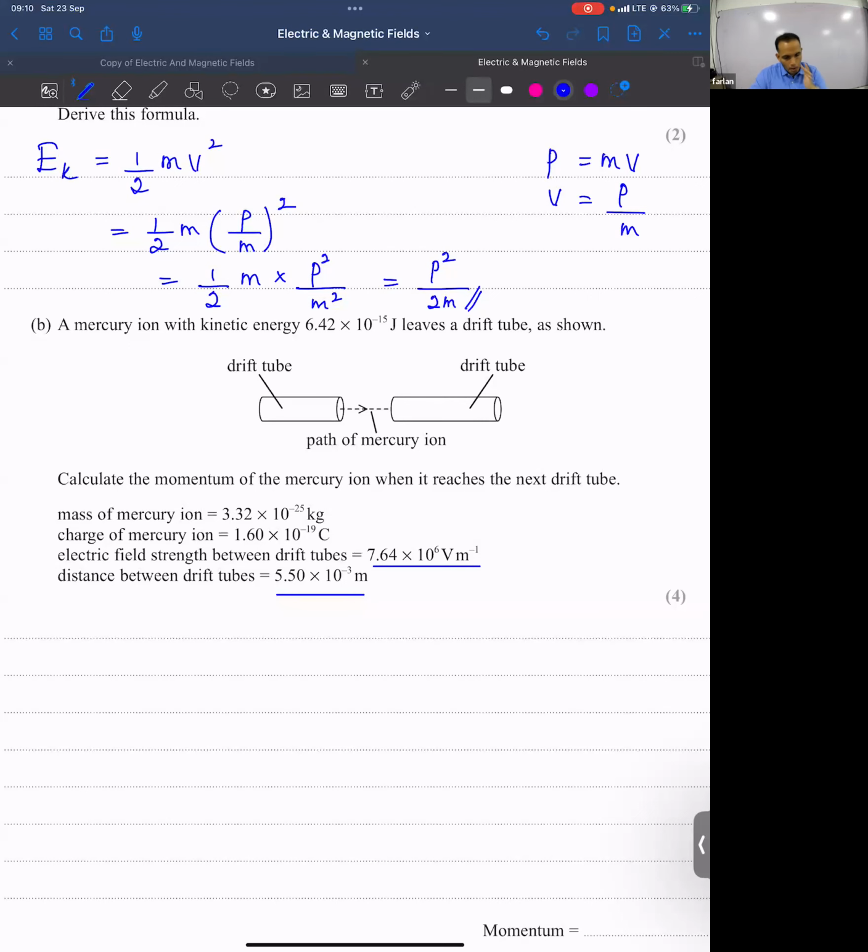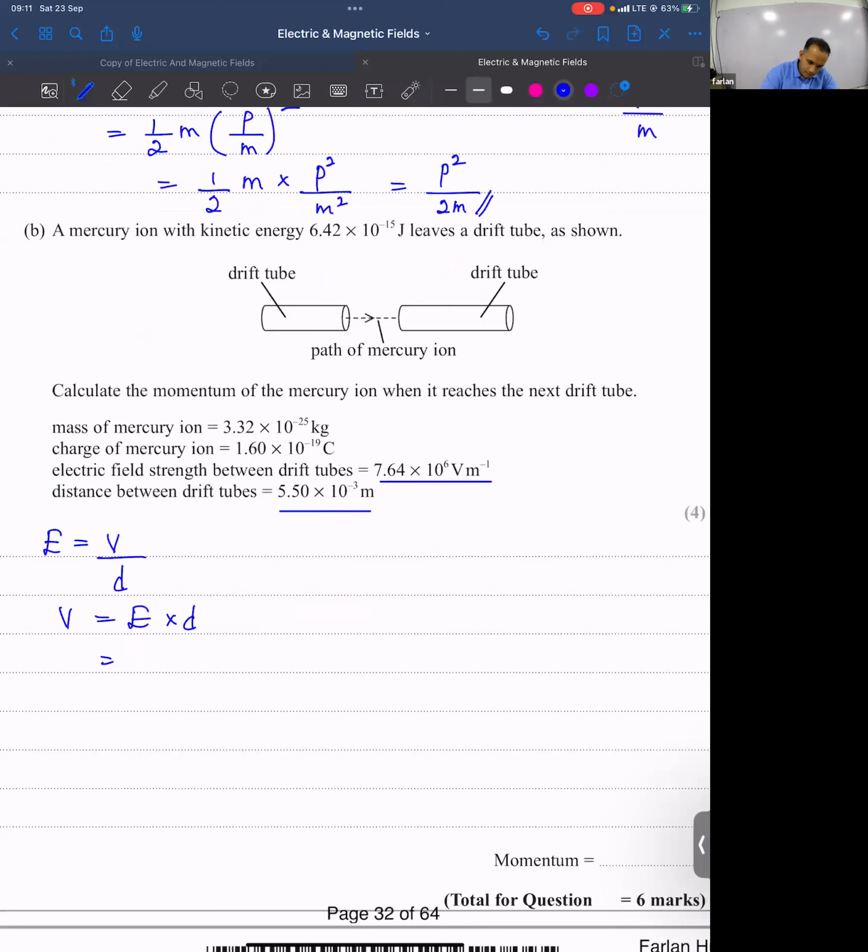One way that I can do this is I can use electric field strength equals V over d, potential difference divided by the distance. So V equals E into d. We know the electric field strength, which is 7.64 into 10 to the power 6.